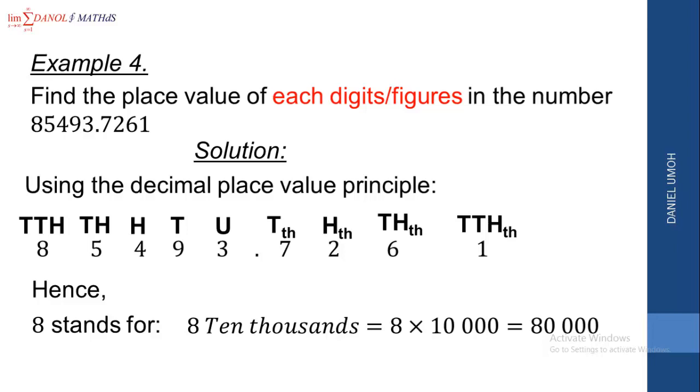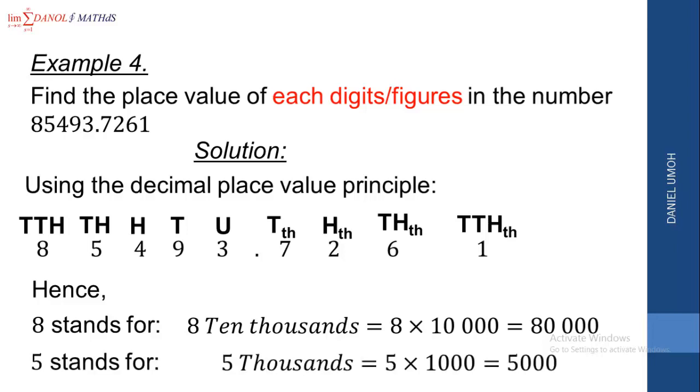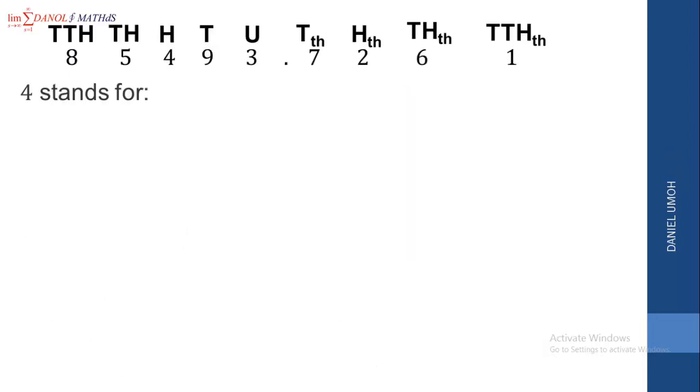So 8 times 10,000 gives us 80,000. Then 5 stands for 5,000, because it is placed under the thousand position, and that gives us 5 times 1,000, which is equal to 5,000.